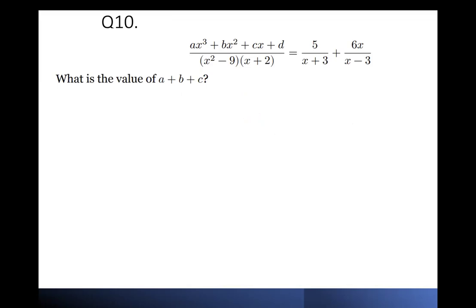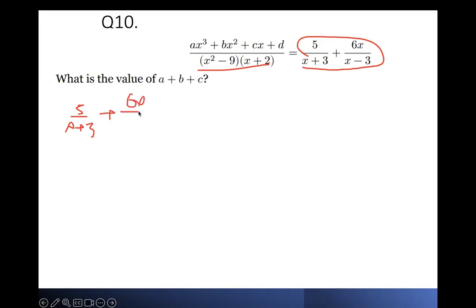When they give you a rational equation, the best way to handle it is to clear the denominator, make them equal. So that's our mission right now. Your mission is to make the bottom numbers the same. Therefore, I have to do something to this to make it that. I have 5 over x plus 3 plus 6x is equal to x minus 3.